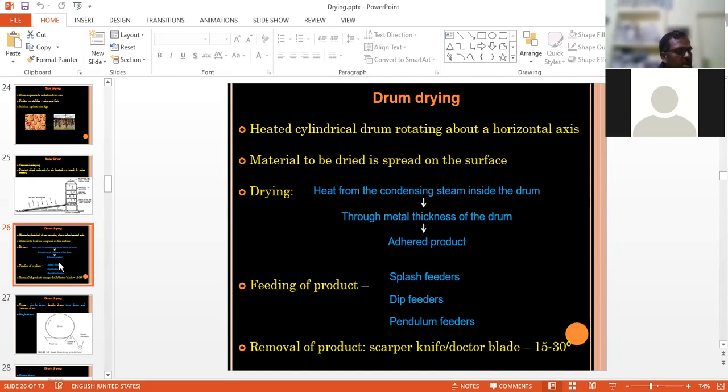The drum may be a roller, horizontal or vertical, depending upon the configuration of the plant. The film is dried continuously and then scraped off.